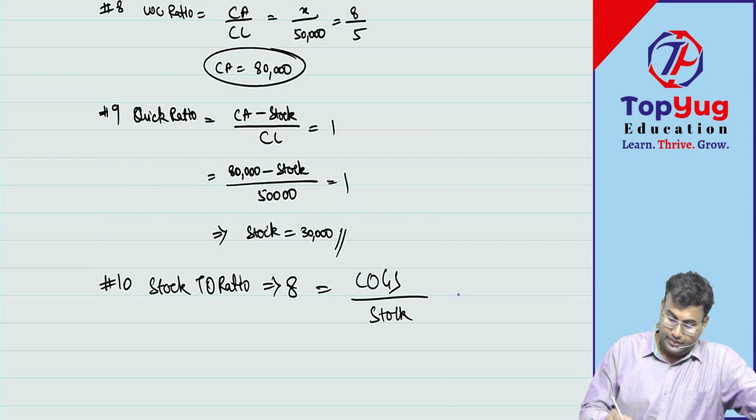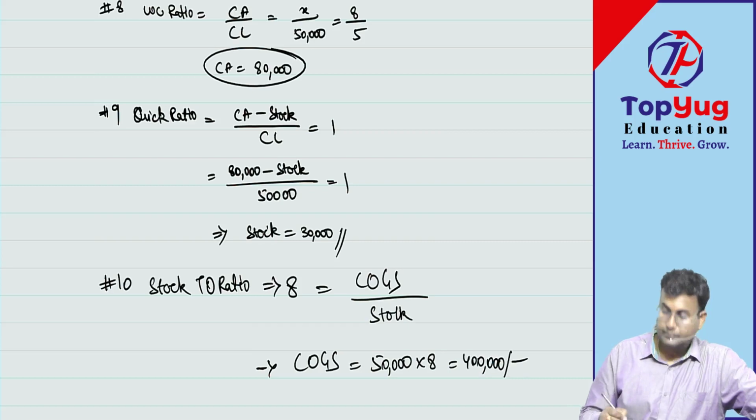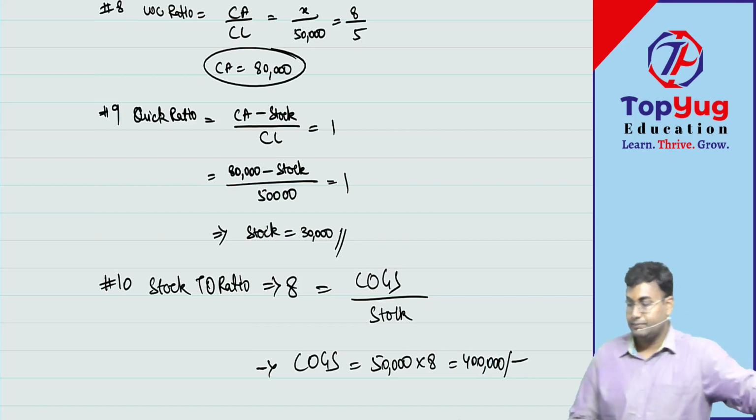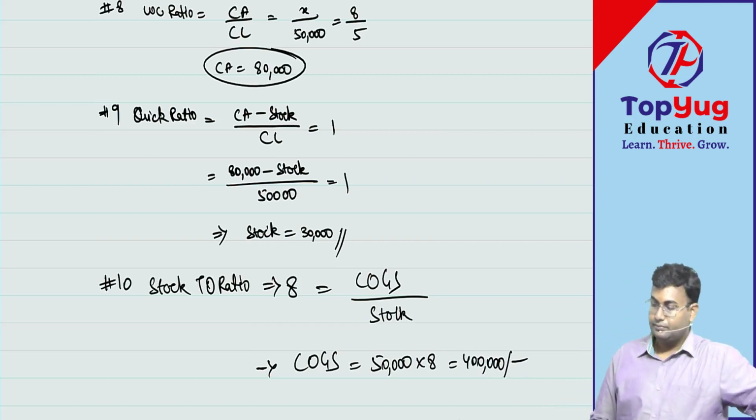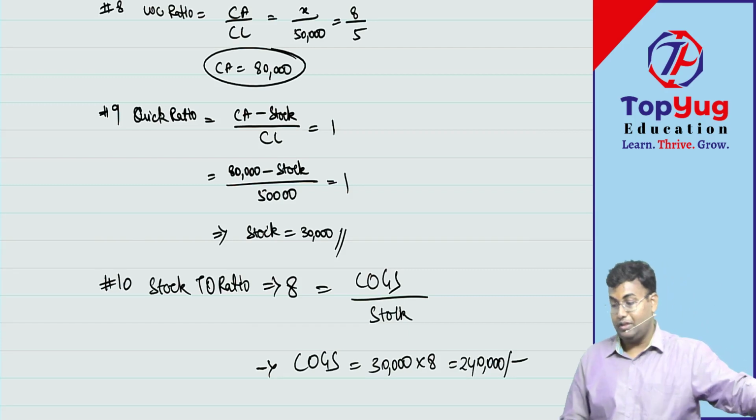So now COGS is equal to 30,000 into 8. Oh, sorry, stock is 30,000. Sorry, guys. 2,40,000 is my cost of goods sold.